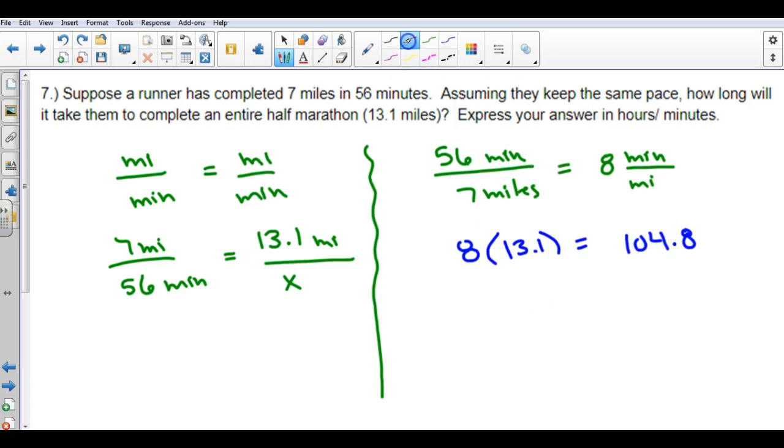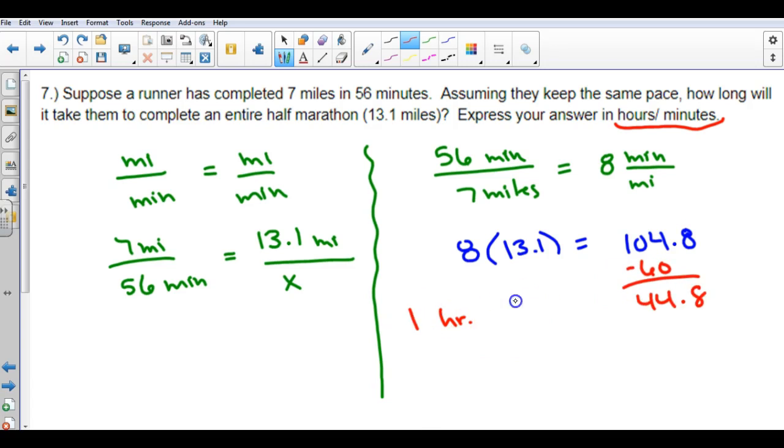So it does say to express our answer in hours and minutes. So what I would first do is figure out how many hours that is total, and we know that 104 is past 60, so it's going to take over an hour. So what I could do is subtract 60 from that first. So I know that it's going to take over an hour, and if I subtract 60 from this, I get 44.8.